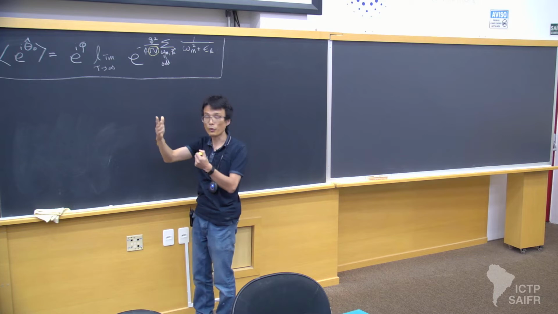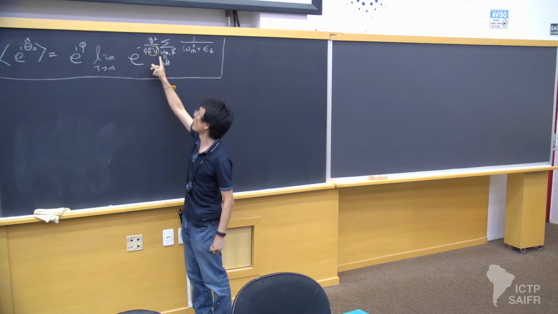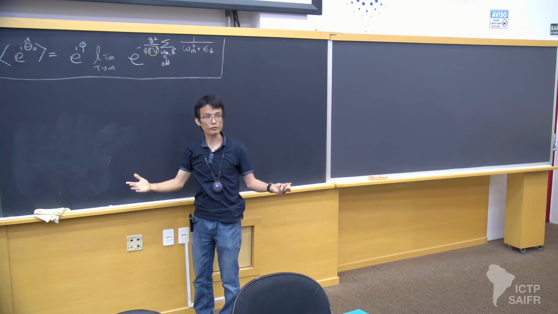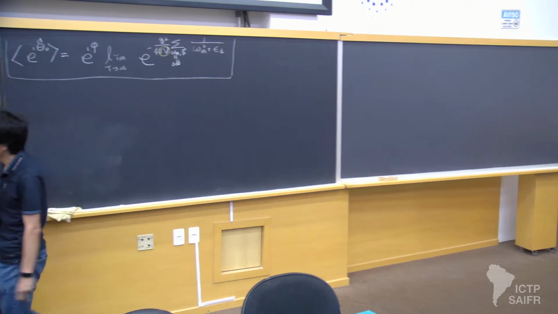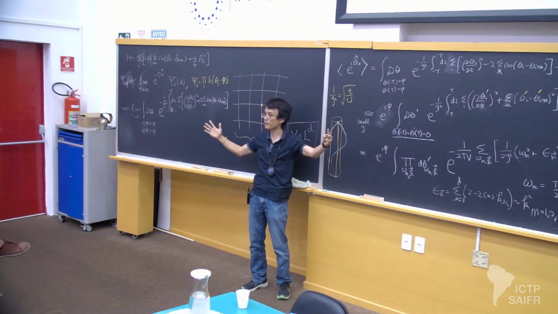The contribution of those modes is suppressed by 1 over time and 1 over the system volume. The reason is that each mode describes a macroscopic collective fluctuation, right? For example, the k equals 0 mode is the mode where every rotor is fluctuating in the same manner across the whole system.